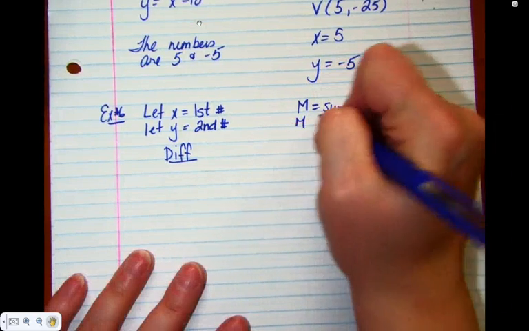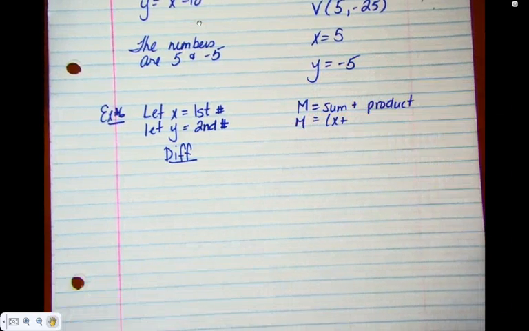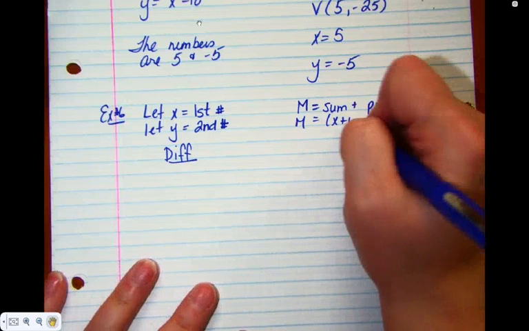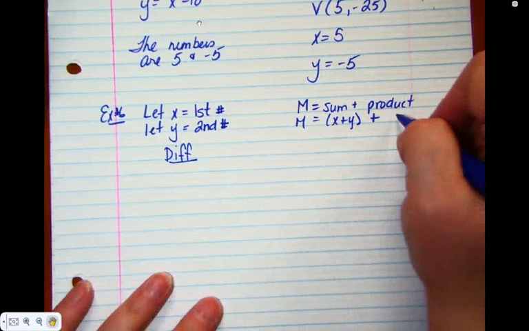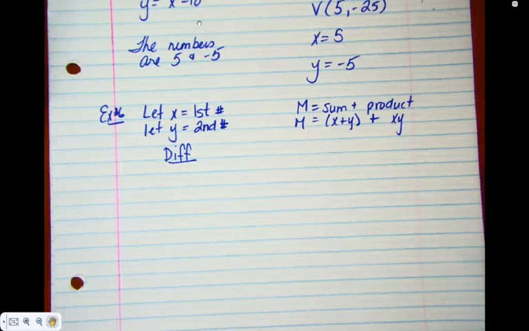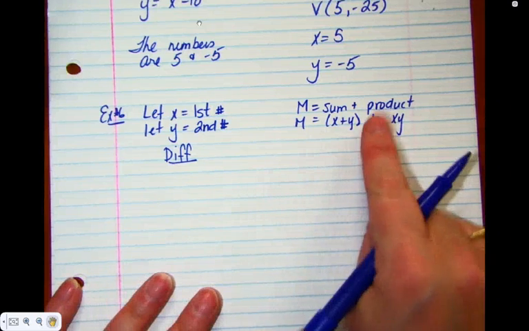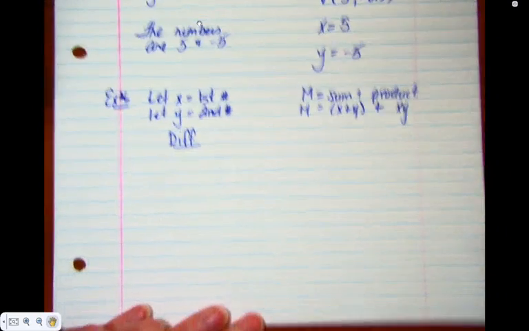Okay, so sum would be x plus, what's the other number? Y. How do we do a product of x and y? X, y. So that is adding their sum and their product.